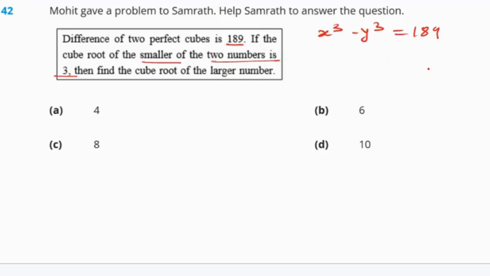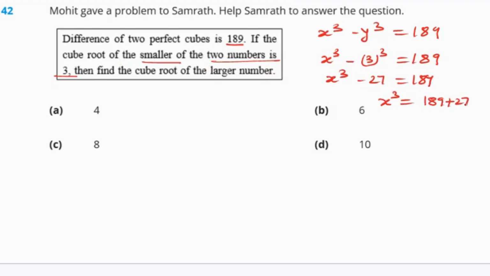Okay, so how can we find that? We can do x cube minus 3 cube equals 189. So 3 cube is 27 only. So x cube minus 27 is 189. So the value of x cube we are getting 189 plus 27.